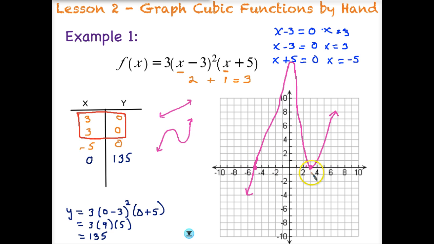And if I were to continue down like this, well, I would need to come back up. I would need to come back up through the x-axis in order to create this image. And that would then create an extra x-intercept, which I know that I do not have. Okay, so this is all about fitting the pieces of the puzzle together in order to graph your cubic function by hand.